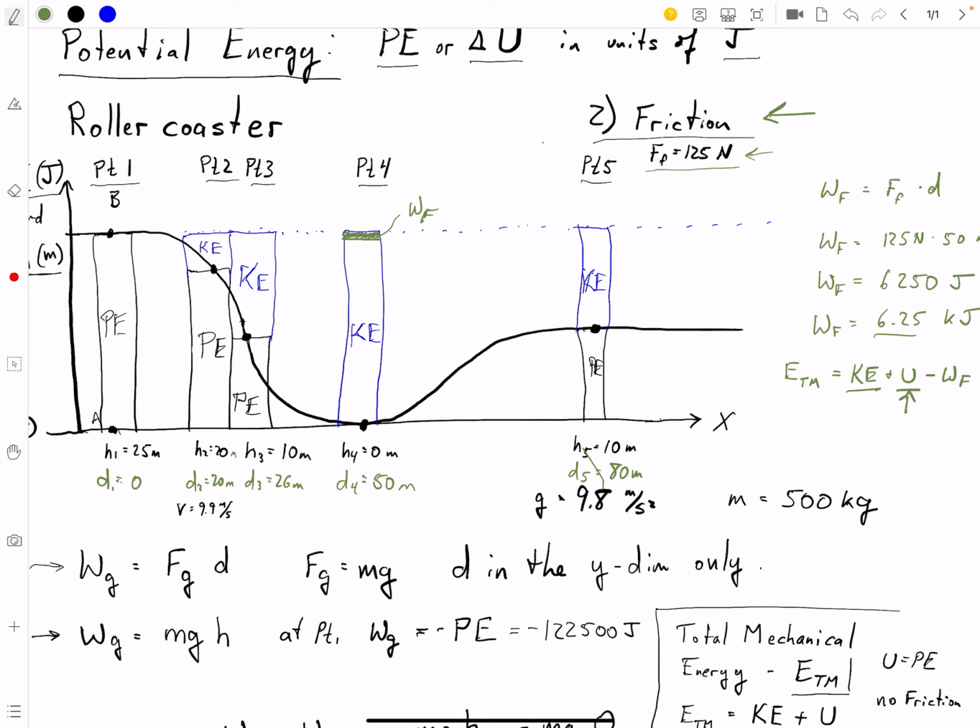What does that mean? That means that your kinetic energy will go down as a result of friction, and your velocity will go down. Your ability to get more potential energy also goes down. So that's something to think about.